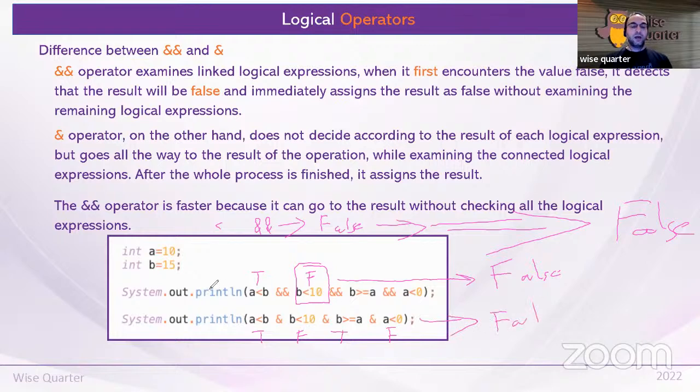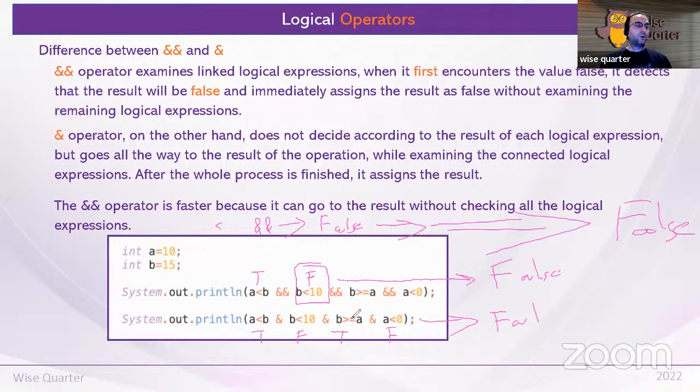As you can see, the first one will be able to complete the task in half the time of the second one. The second one, the single AND operator, has to check all of them, but the double AND operator just needs to find one false. If all of them are true, of course, it will check all of them.